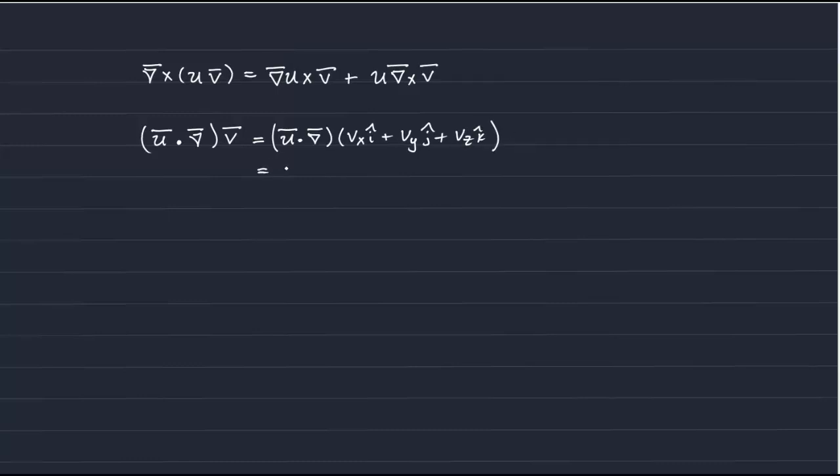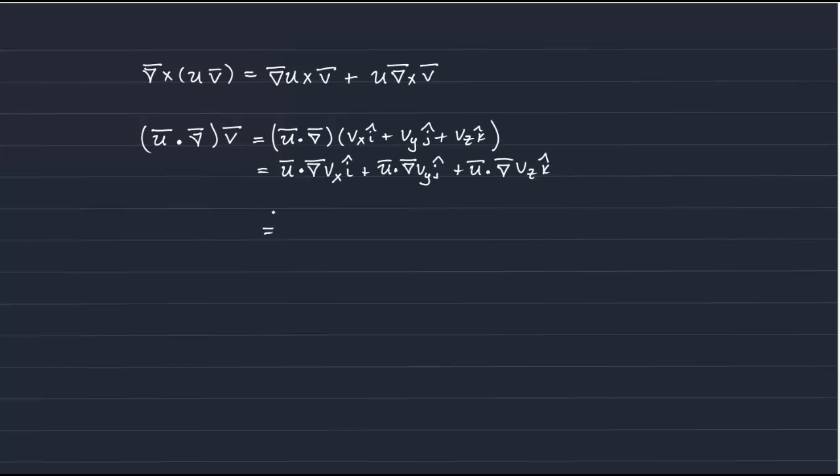And just by applying our typical rules of distributing this operation to these three different terms, this is u dotted with the gradient of vx in the i hat direction, plus u dotted with the gradient of vy in the j hat direction, plus vector u dotted with the gradient of vz in the k hat direction.